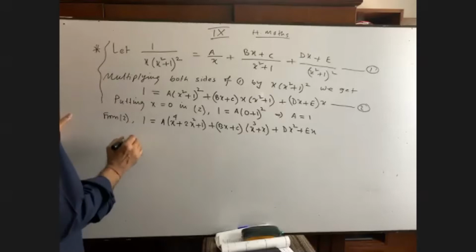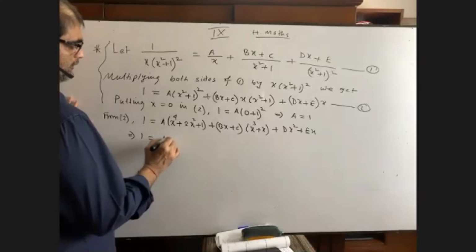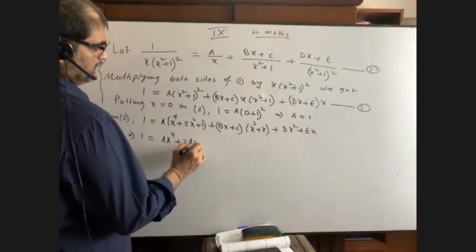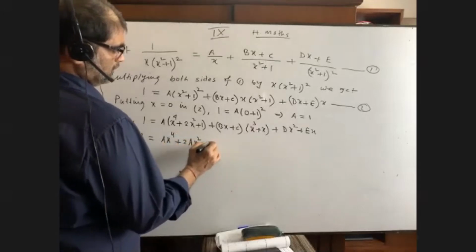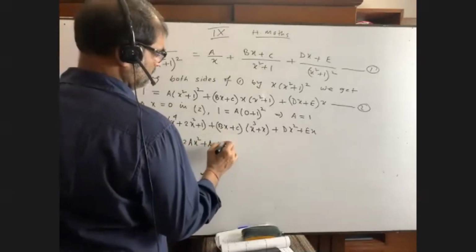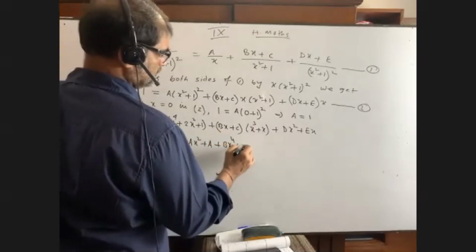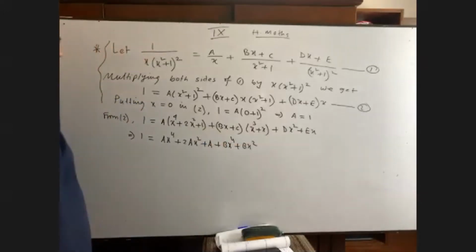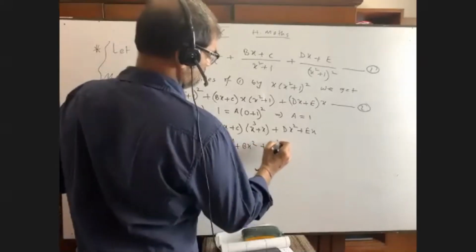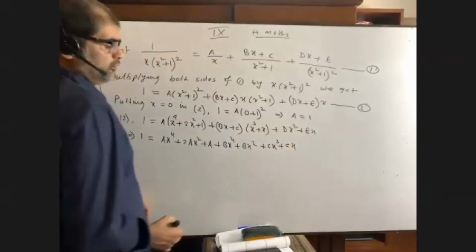Again, we can write down 1 equals a x to the power 4 plus 2 a x square plus only a. Now multiply it: b x to the power 4 plus b x square plus cx cube plus cx. What am I doing here? How am I going to do?